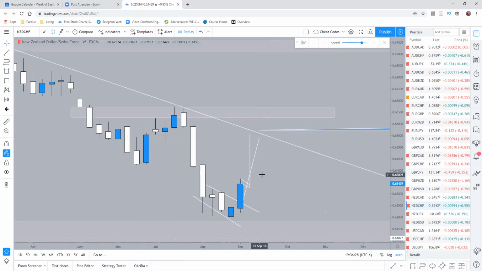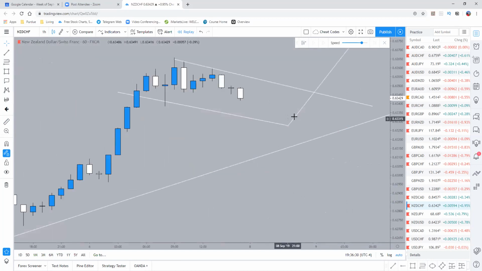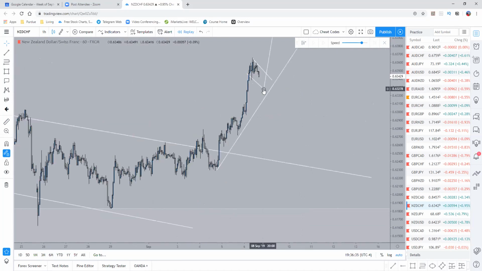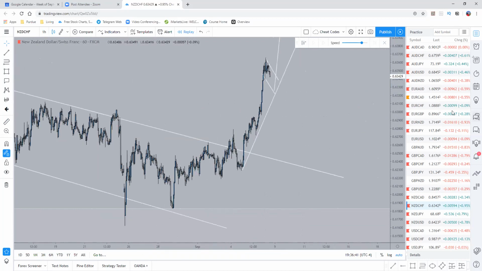Everybody agree with that? Yeah, that almost looks like a little mirror image thing. Mm-hmm. Mirror image picture. Yeah. All right.